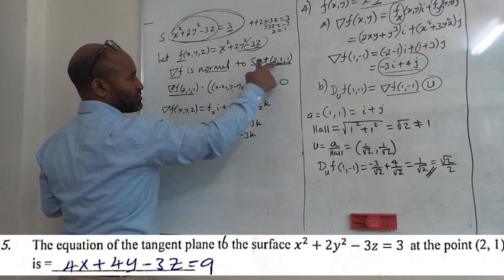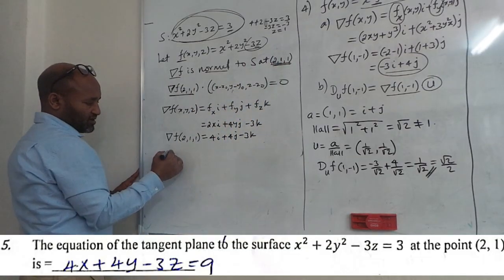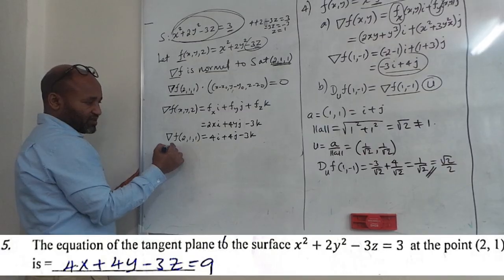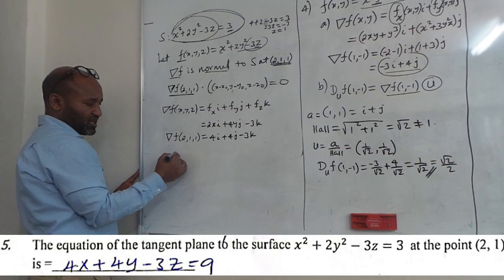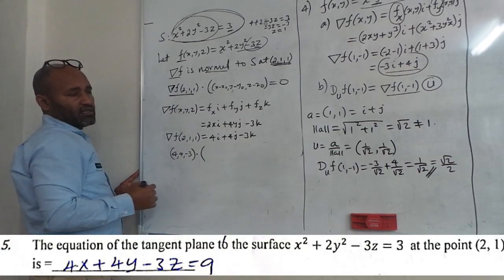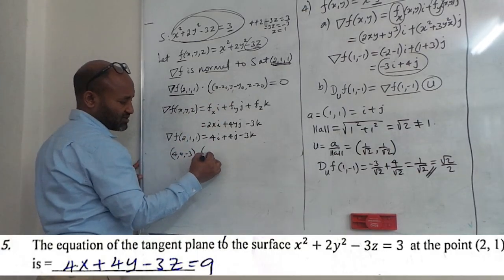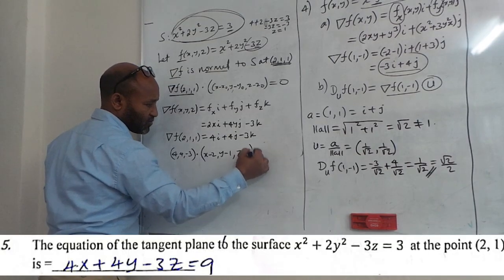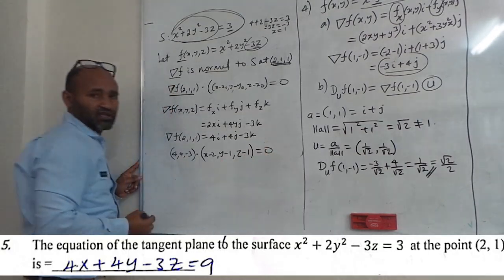X naught, y naught, z naught is 2, 1, 1. Therefore, the equation of the plane will be, with the normal vector 4, 4, minus 3, dot x minus 2, y minus 1, z minus 1 is equal to 0.